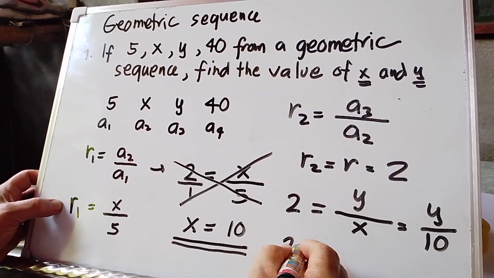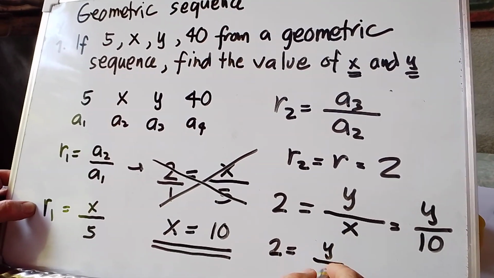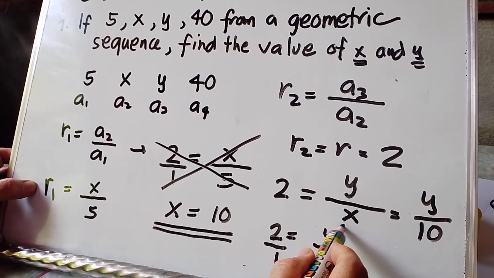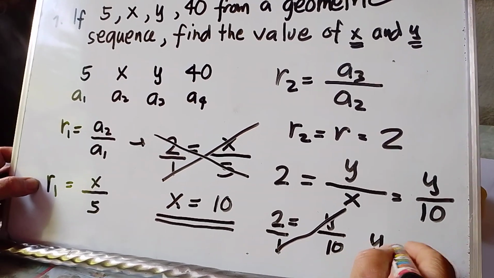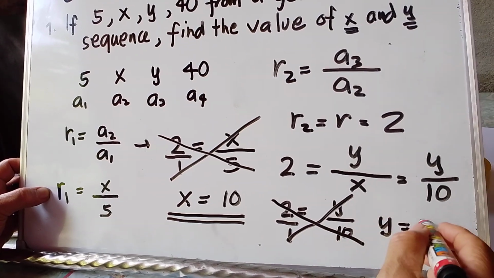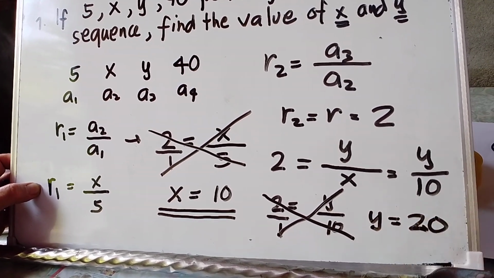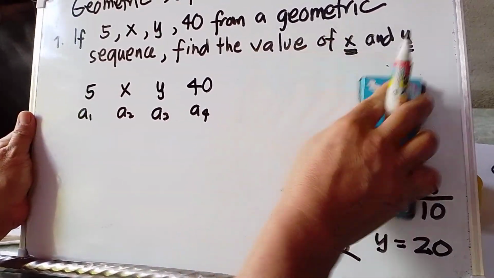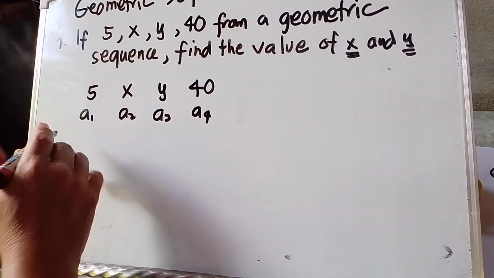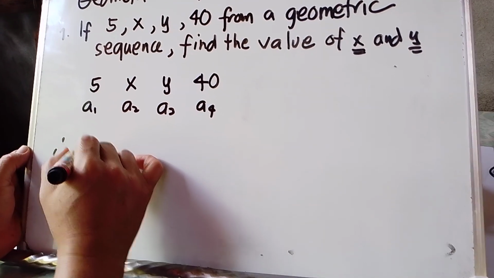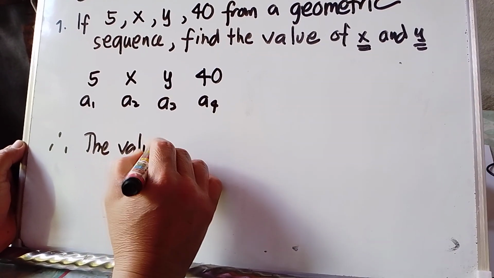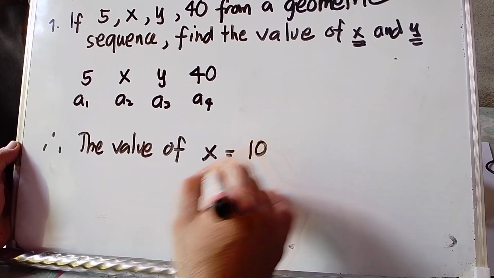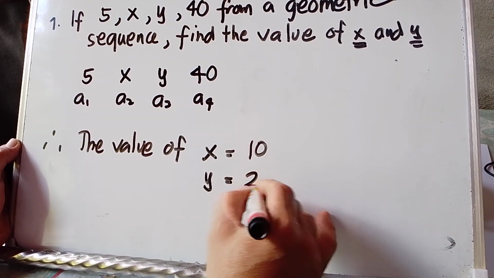So I can have here y over 10. And then I need to put 1 and apply cross multiplication. y times 1 is y. Then 2 times 10 is 20. So the value of x is equal to 10 and y is equal to 20.